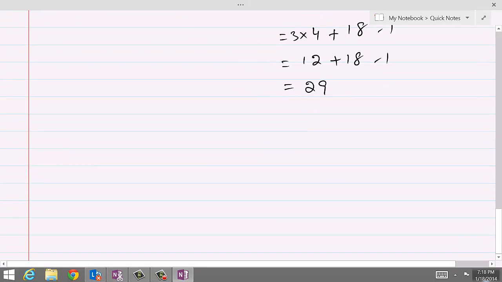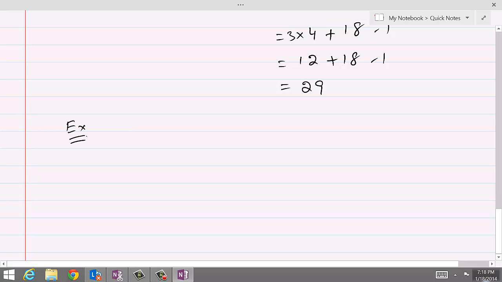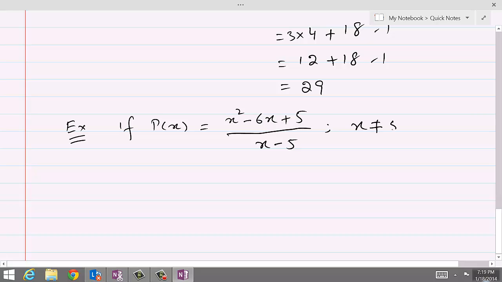So another question here. If p of x, one expression which is a rational expression here, is equal to x square minus 6x plus 5 divided by x minus 5 whenever x is not equal to 5.